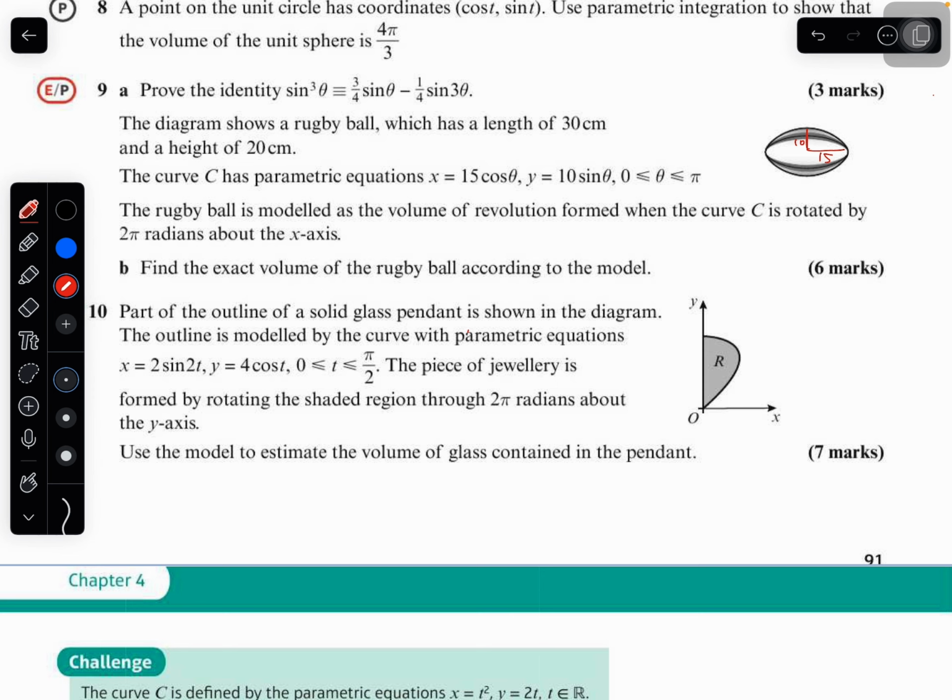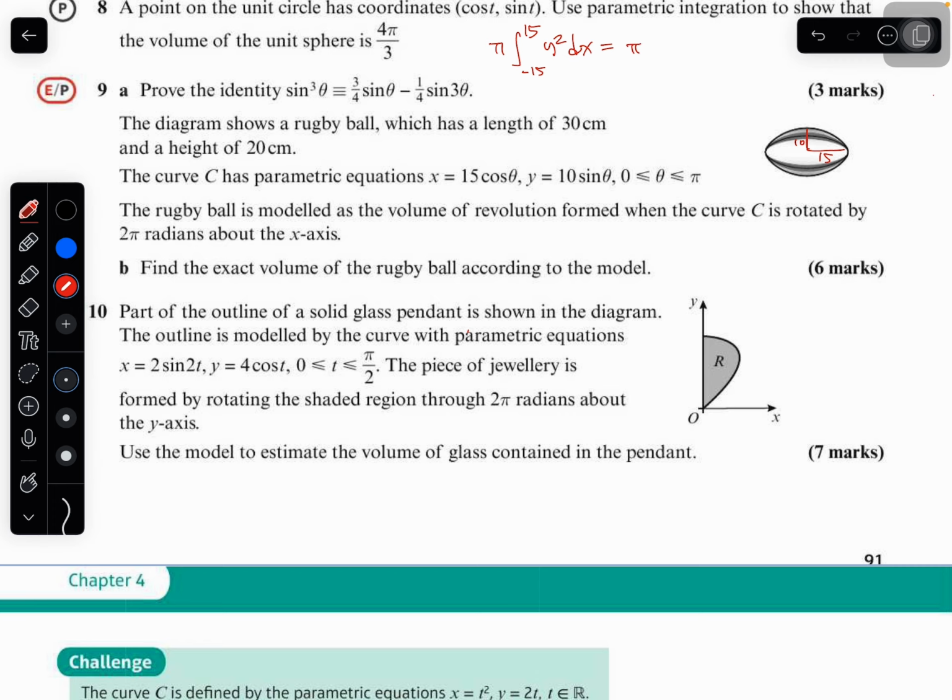So curve C has parametric equation with 15 and 10. Okay, the rugby ball is modeled as the volume of revolution rotated by 2 pi radians about the x-axis. Okay, so here negative 15 to 15 of pi y squared dx.